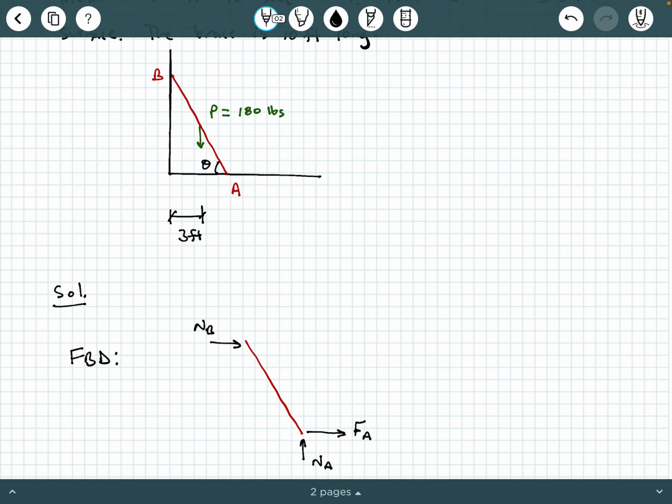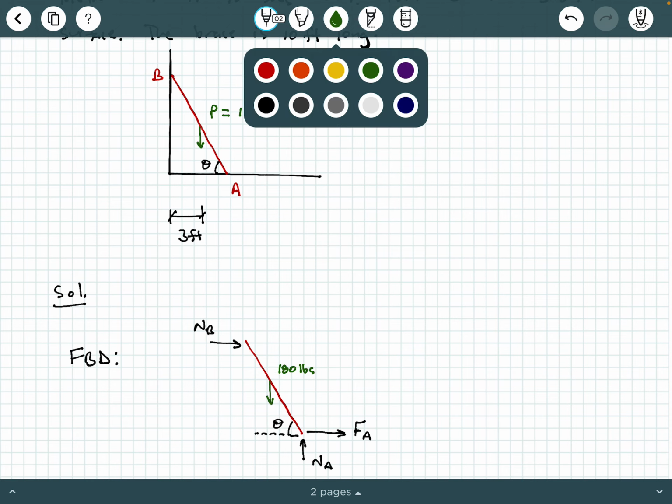Okay. And this is a free body diagram, so you need to put all of your known and unknown values here. So we also don't know this angle theta. In fact, that's what we're being asked to calculate. And we know something here. We know that we have 180 pounds, and that is going to be right here, 180 pounds.